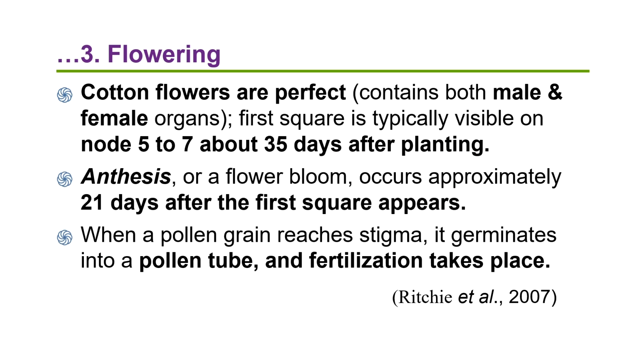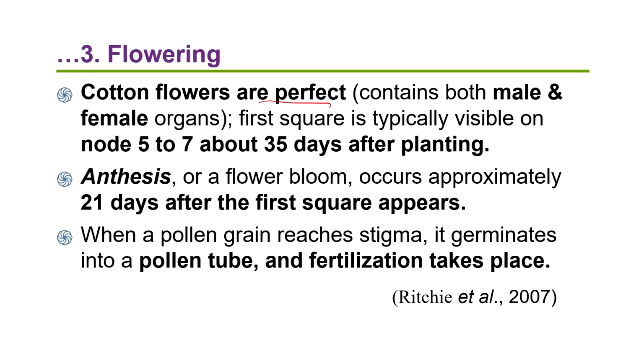Cotton flowers are perfect flowers. Perfect flowers means they have both sex organs, male and female. For males, you have stamens. For females, you have gynoecium. The gynoecium has a pistil, and similarly the stamen has anthers. So cotton flowers contain both male and female sex organs.